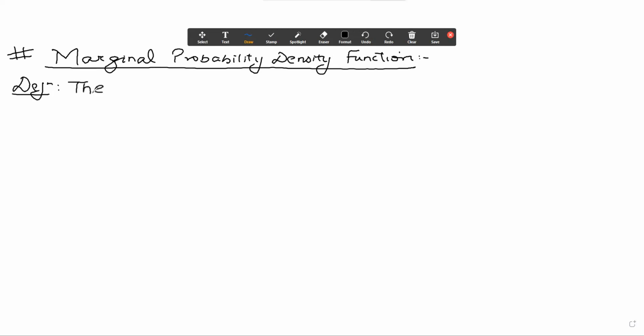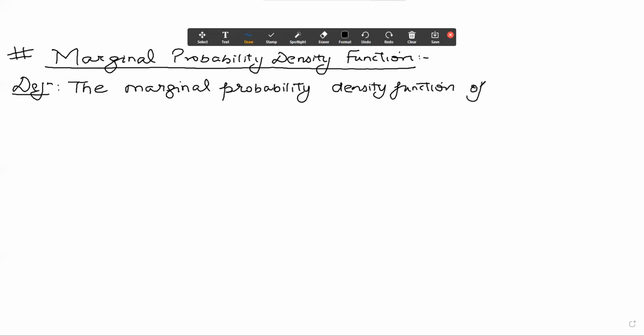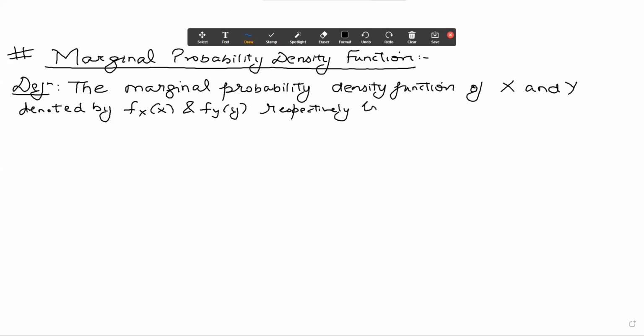The marginal probability density function of random variables x and y, denoted by fx of x and fy of y respectively, is given by: fx of x is the integral from minus infinity to plus infinity.